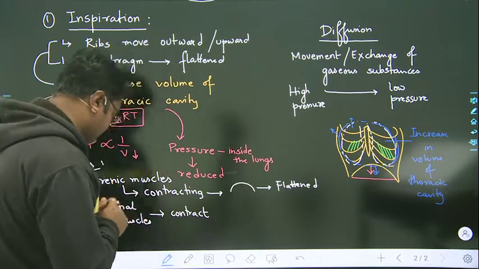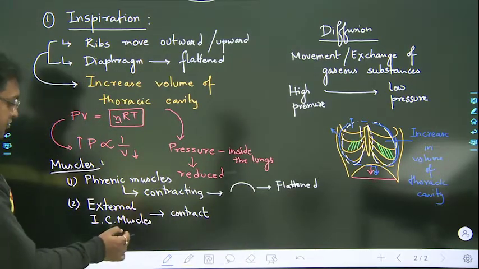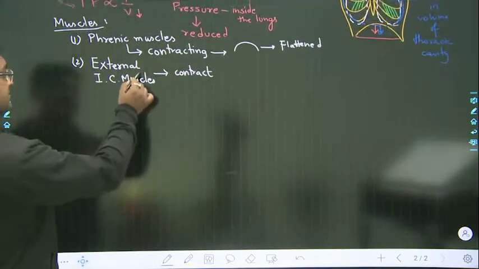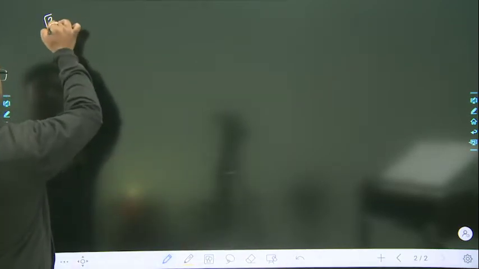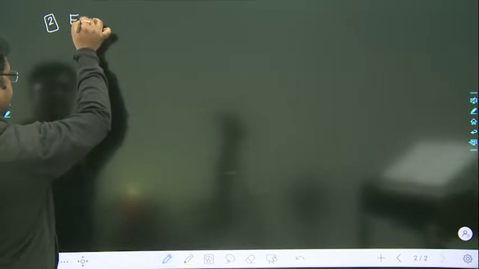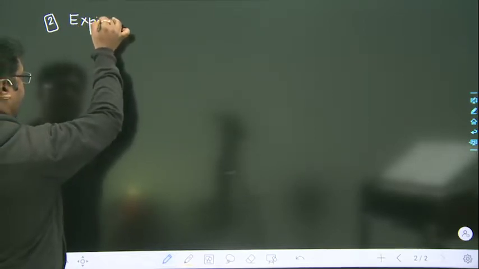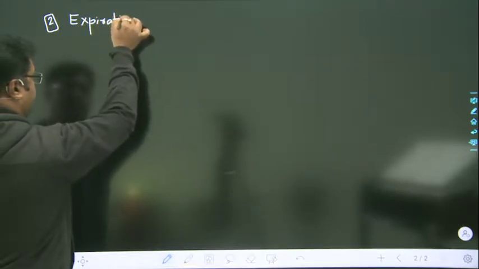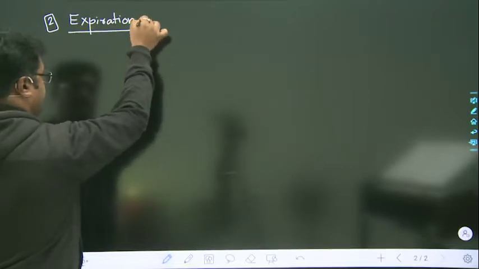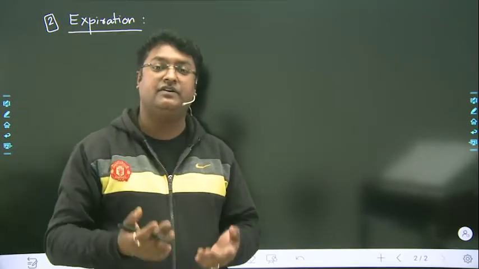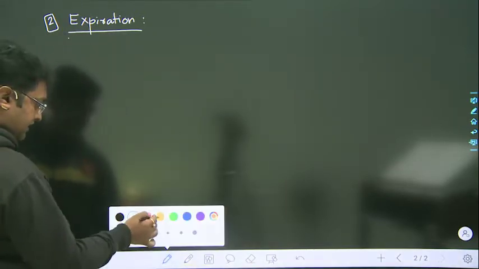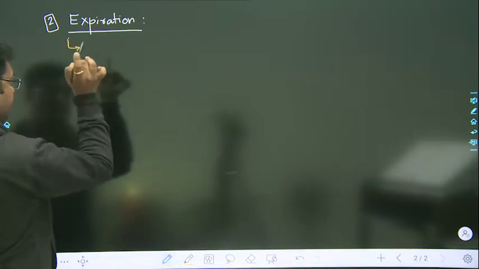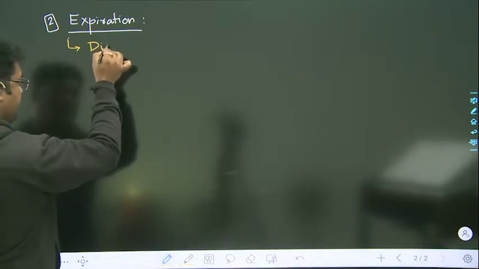Now, let us look into the next part, that is expiration. The second part will be expiration. The same processes will now be reversed. So here, first of all, the diaphragm.